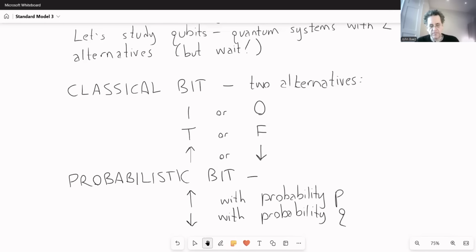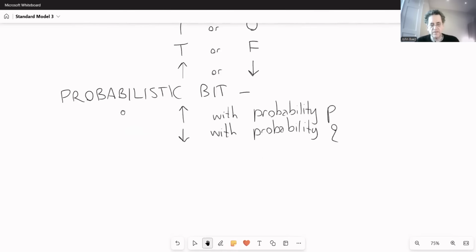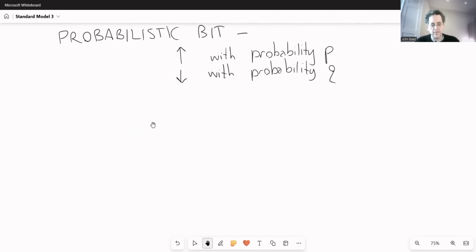They have to obey some rules. So for example, when you talk about a probability, P or Q, they have to be real numbers. So we use this fancy looking R for the set of real numbers.